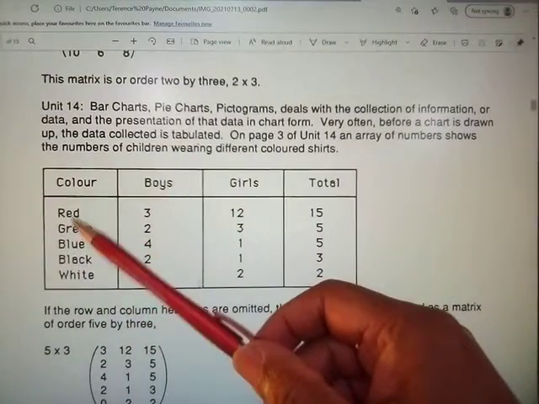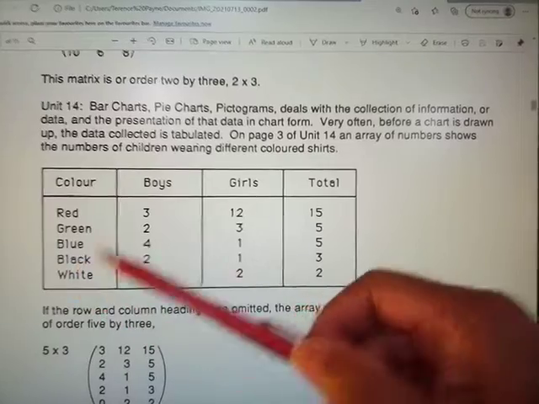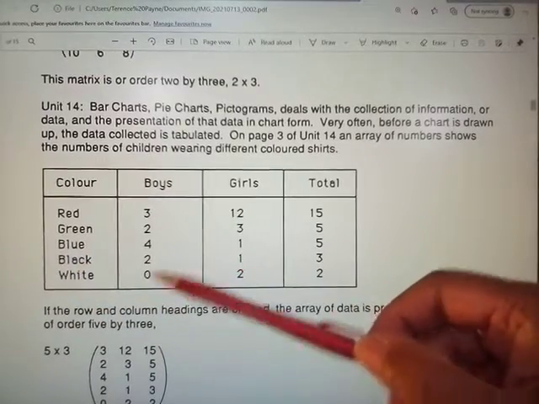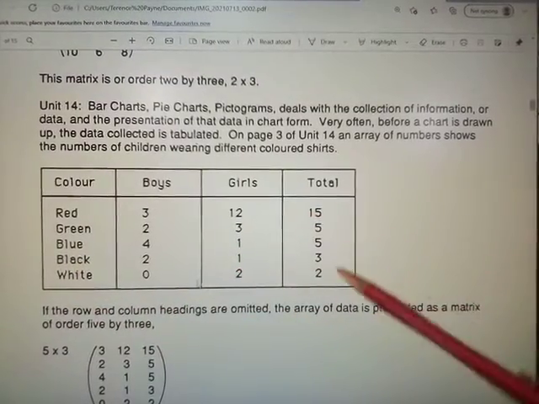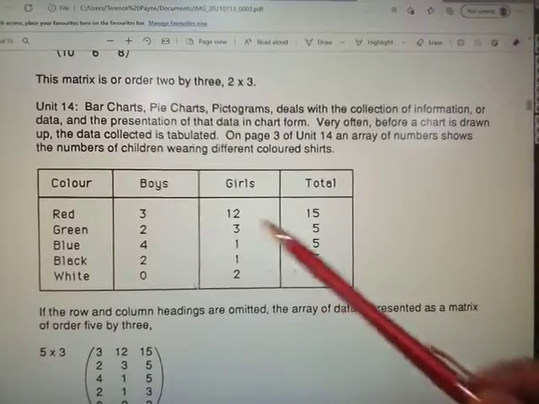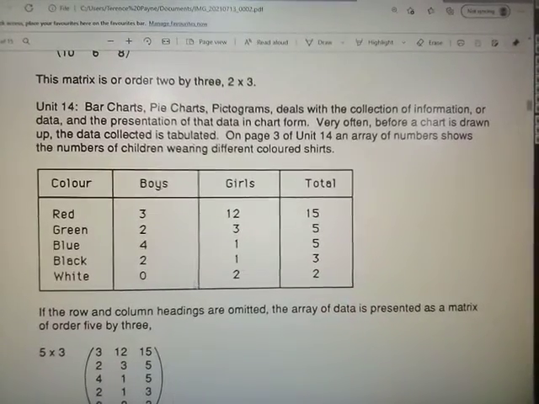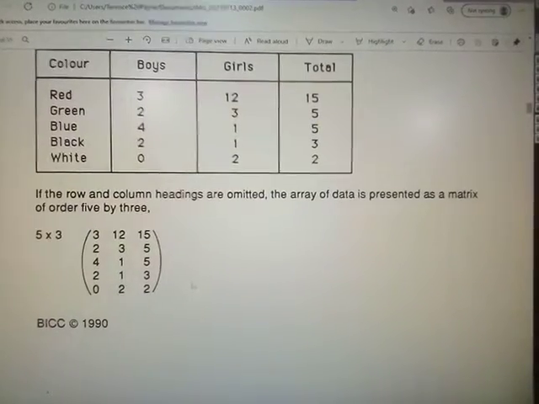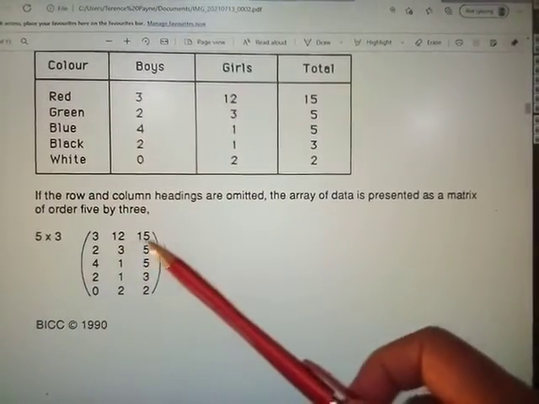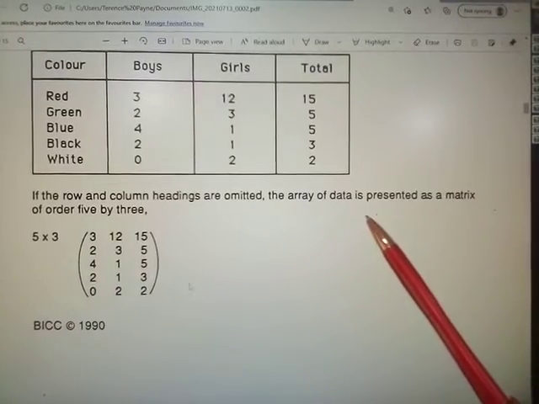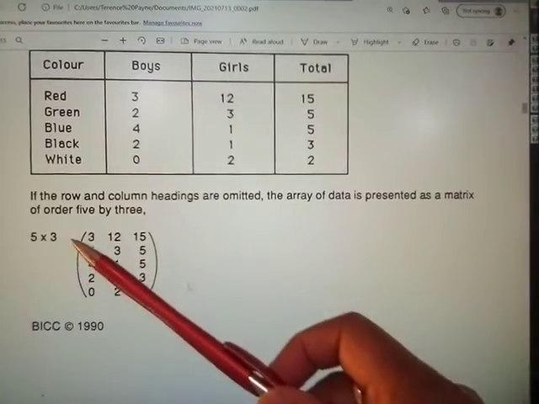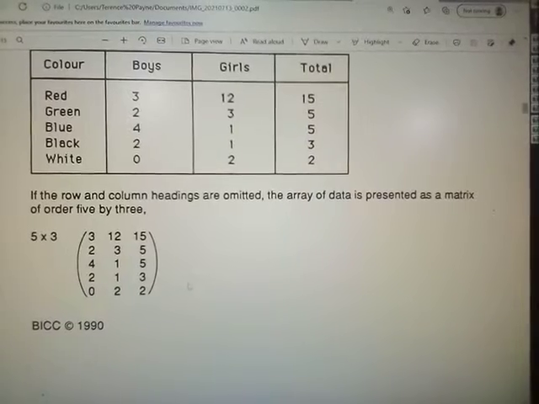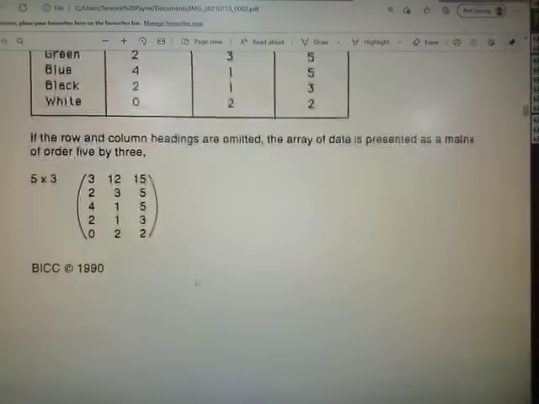Here are the colors: red, green, blue, black, white. Boys, girls, total. And we have our 3 columns of data. If the row and column headings are omitted, the array of data is presented as a matrix of order 5 by 3: 5 rows, 3 columns.